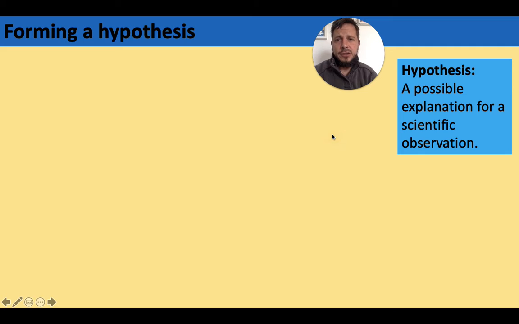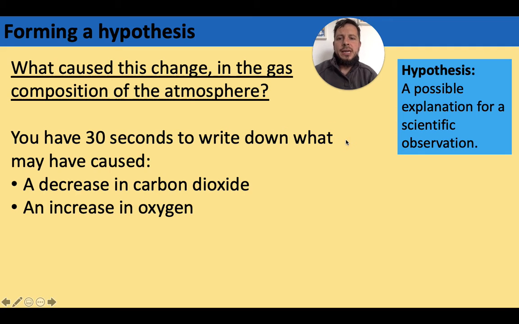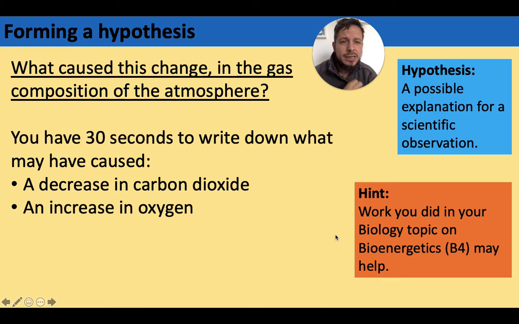So to do this, we need to think about how this may have changed. I'm going to give you 30 seconds to write down what may have caused that decrease in carbon dioxide and what may have caused that increase in oxygen. As a little clue, you need to think about stuff that you've done in your biology, particularly the stuff on bioenergetics, which is B4.